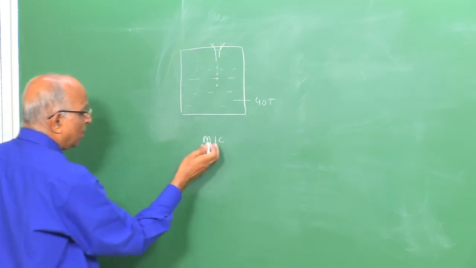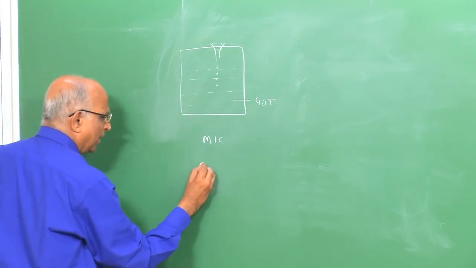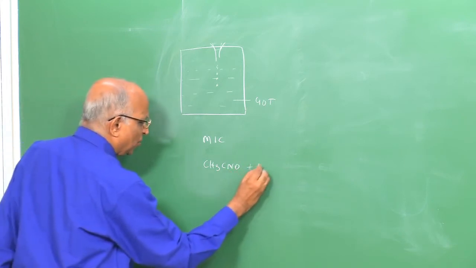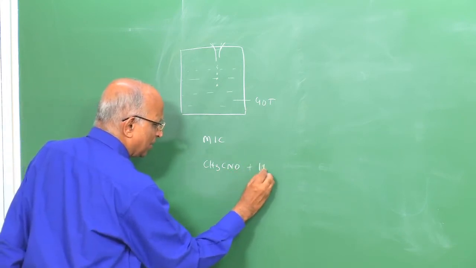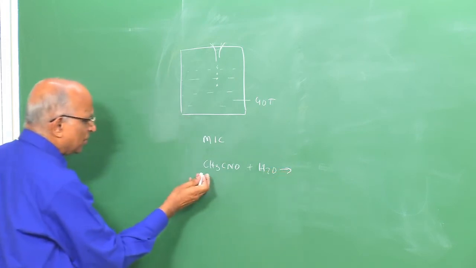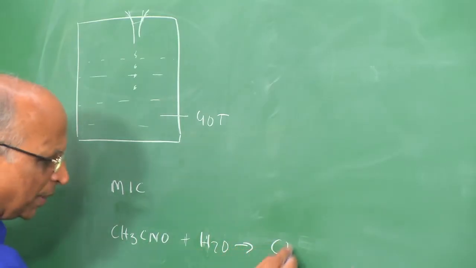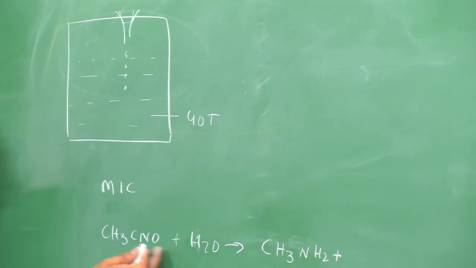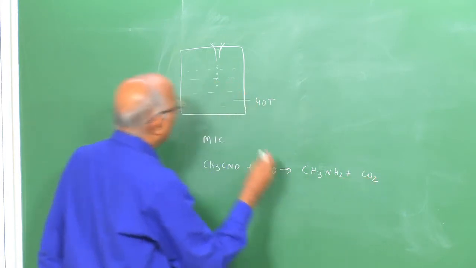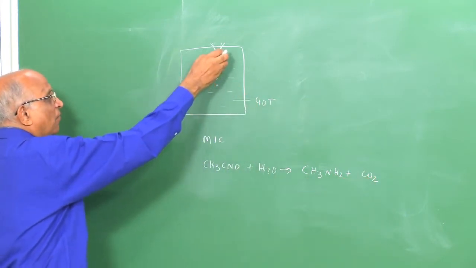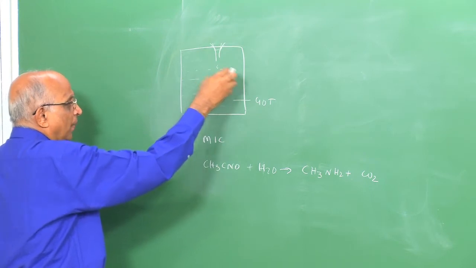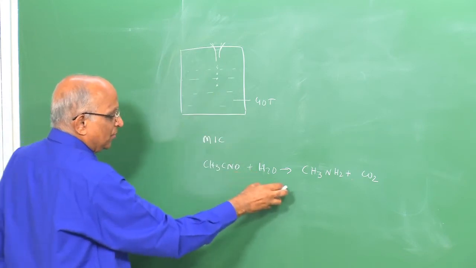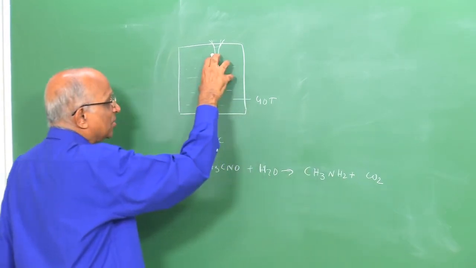That means you have hydrolysis of the methyl isocyanate. Methyl isocyanate is CH3NCO, and it reacts with water in the hydrolysis reaction, that is water, and what it forms is CH3NH2 methylamine, plus it also forms CO2 gas. Therefore, the accidental ingress of water into the methyl isocyanate tank led to generation of carbon dioxide, which is a gas, and increases the pressure.